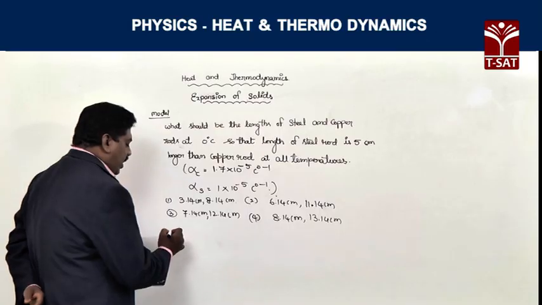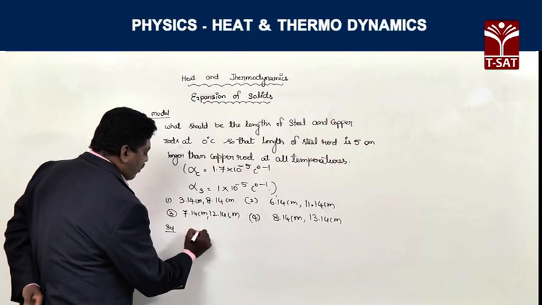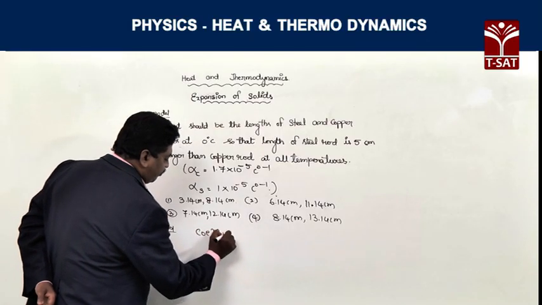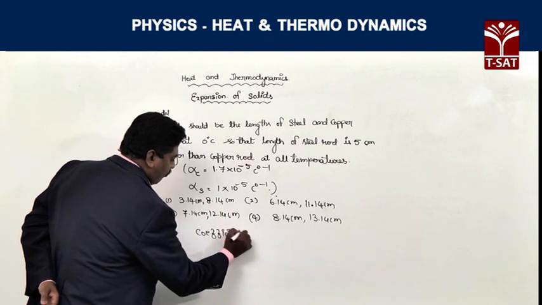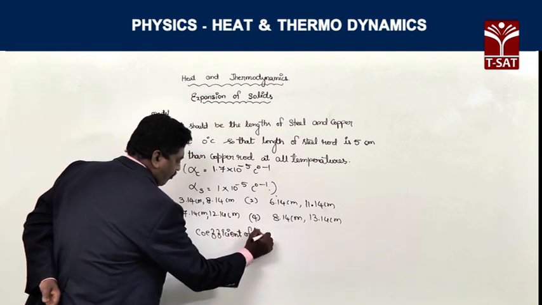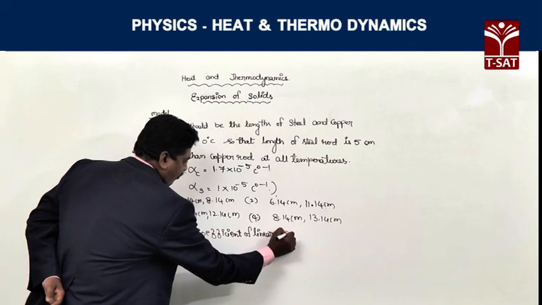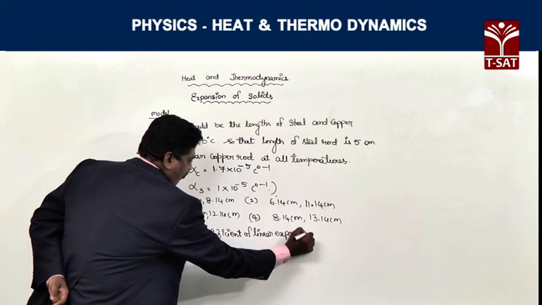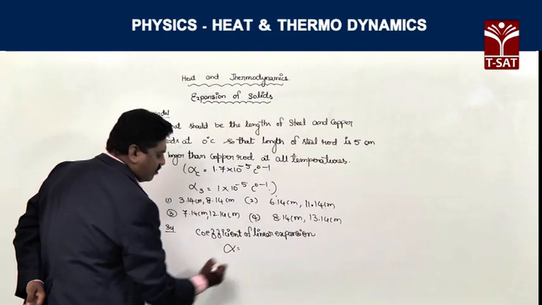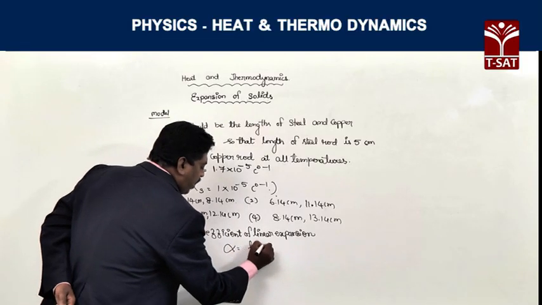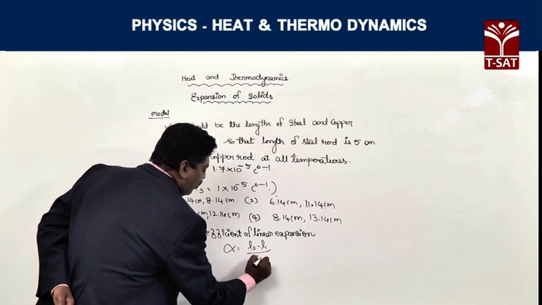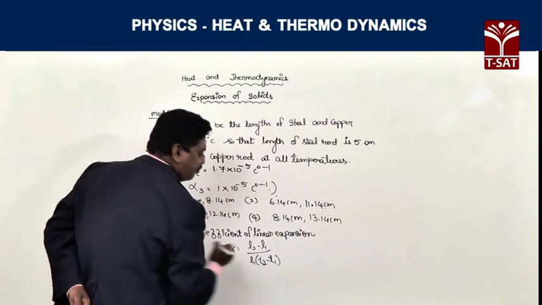Now, we know very well that the coefficient of linear expansion alpha equals (L2 minus L1) by L1 into (T2 minus T1).